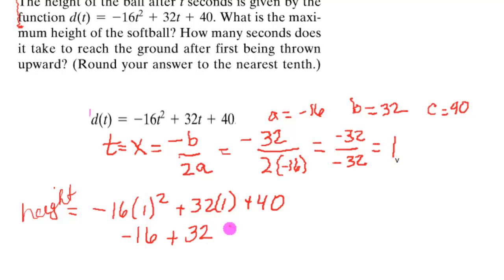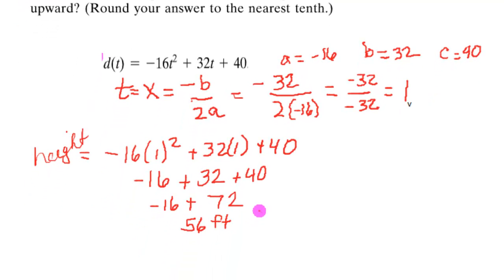We do multiplication here, and now we can add. And over here on the right, I have a 72, and I have a negative 16. And so it looks like 56. So it looks like 56 feet is the maximum height of the ball, right?